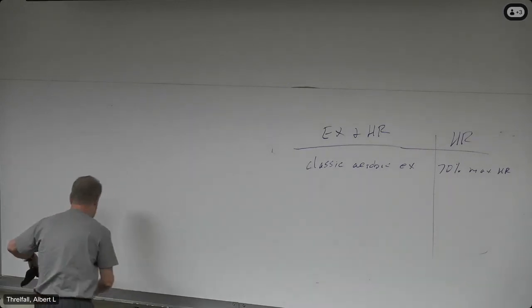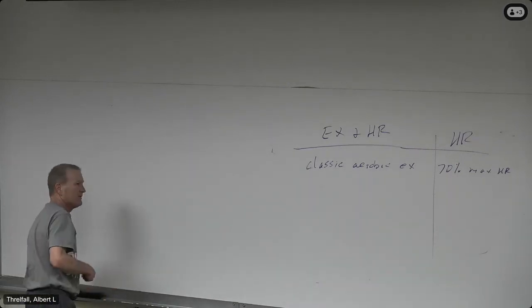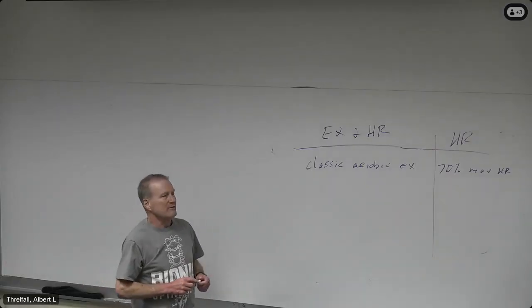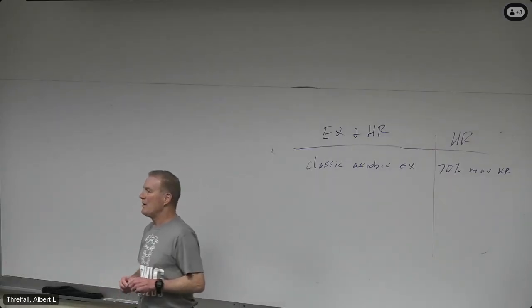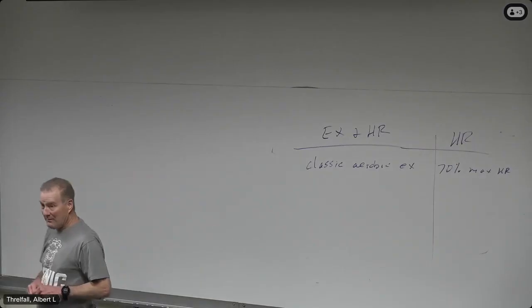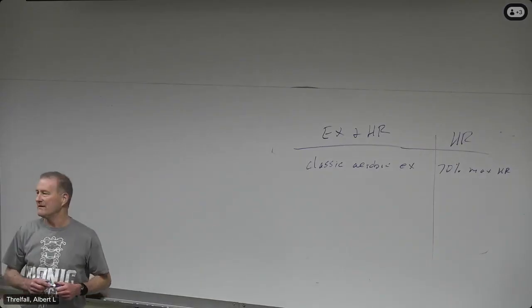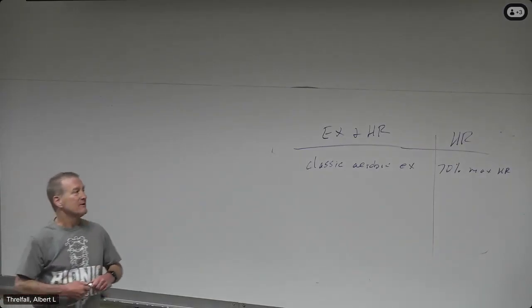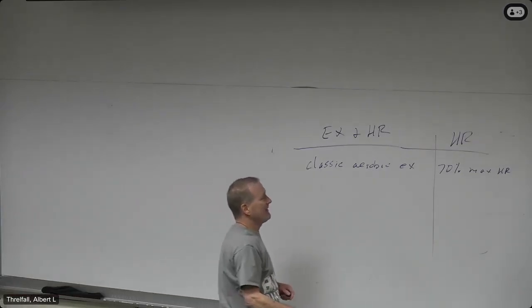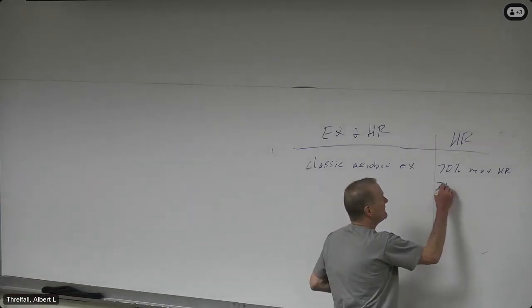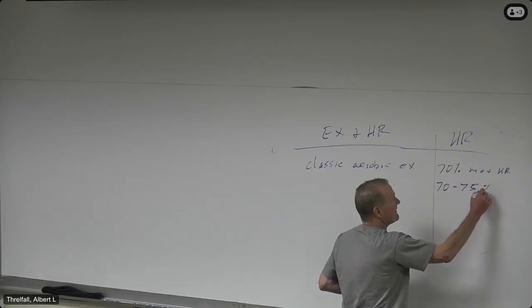Of course, we know a lot more about it today than we used to. And of course, it's impossible to keep your heart rate at one number. Makes more sense to keep it in a range. And so this sort of got modified to be 70 to 75%.